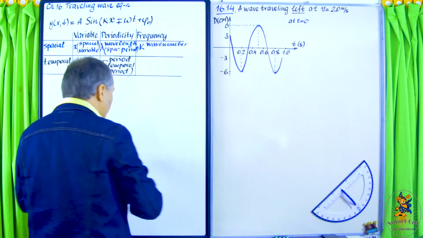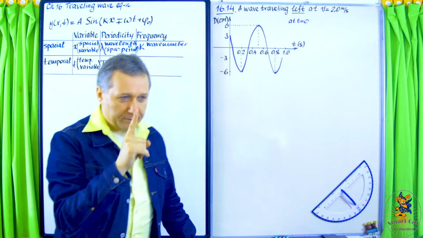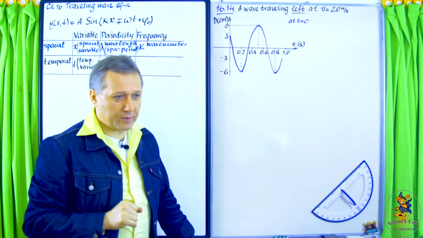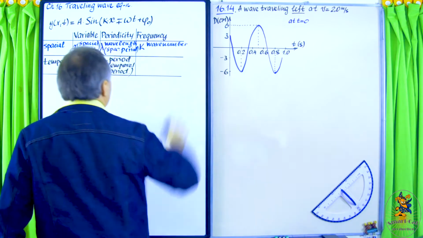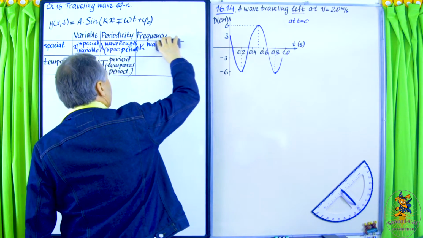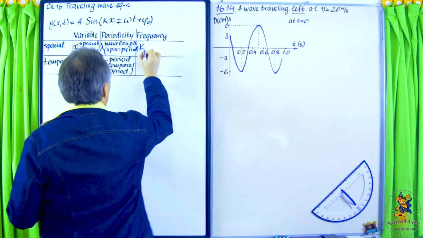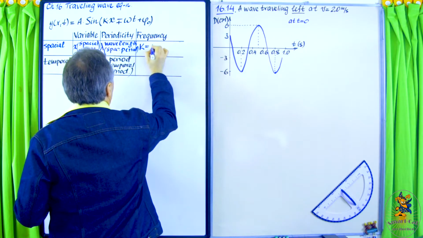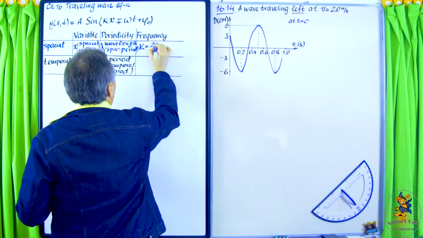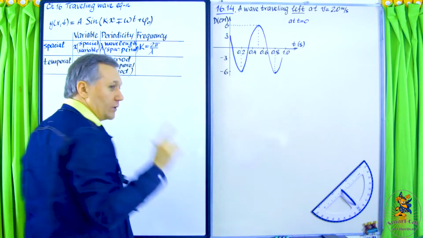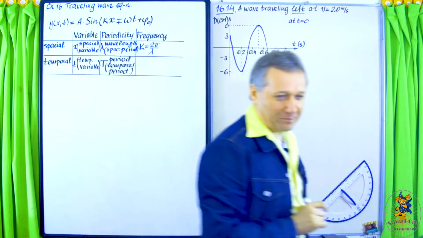Let me first write the formula, the definition, and then the name. So first, let me write the definition. By definition, it's 2 pi over lambda, and only then I will write the name.